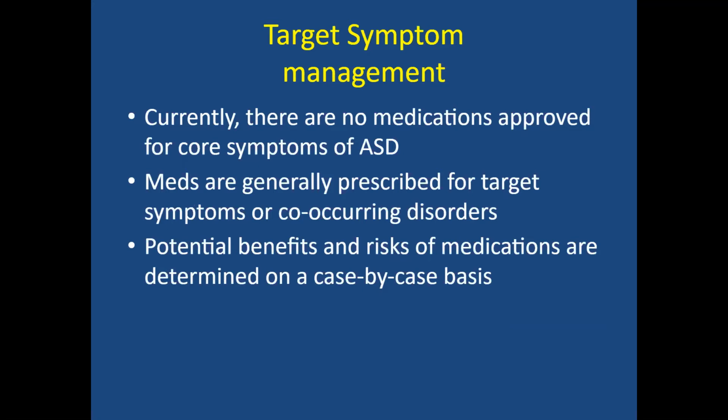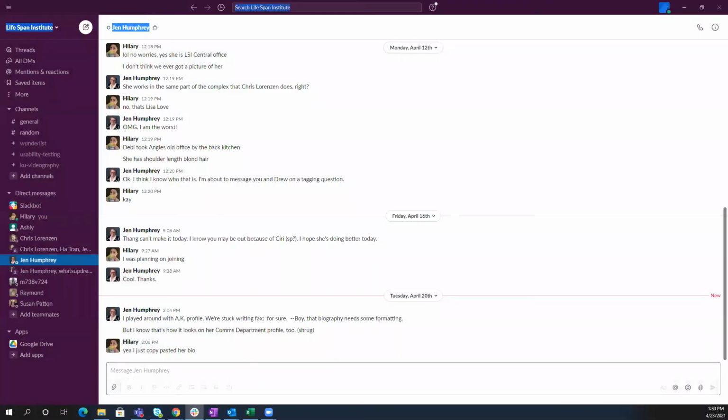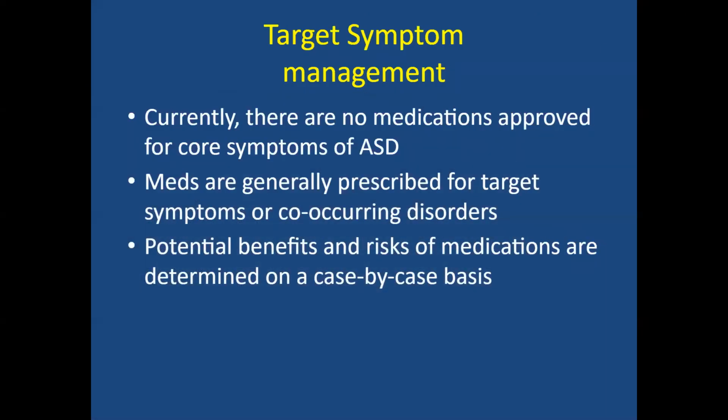With effective treatment of comorbid conditions or irritability, the core symptoms of autism can improve, because you're reducing the overall stress level the individual is contending with. But there are no medications with significant evidence or FDA approval yet for the core symptoms of autism.